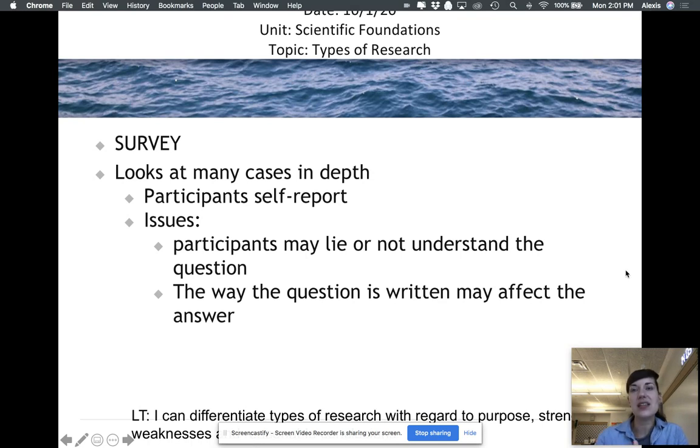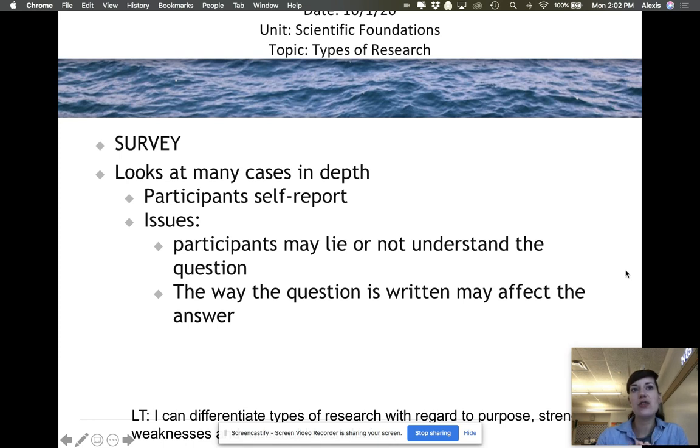Another problem with this is that the way we actually phrase the question might affect the answer. So let's say I showed you a video of two cars getting in an accident. Okay, they run into each other at a stoplight. One of them rear ends the other one.